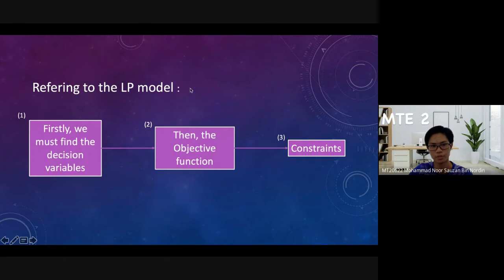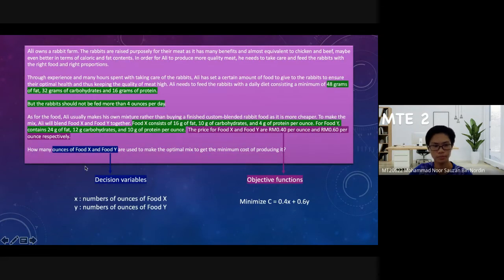To solve the problem, we need to refer to the linear programming model, just like in the earlier slide. First, we must find the decision variables, then the objective function, and third the constraints. Here, I already highlighted some of the main points. The dark blue one, ounces of food X and food Y, will be the decision variables.